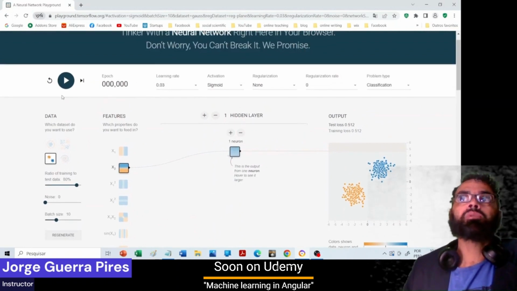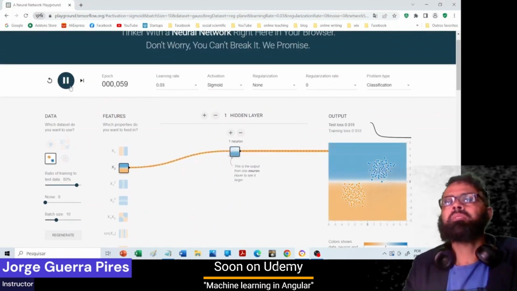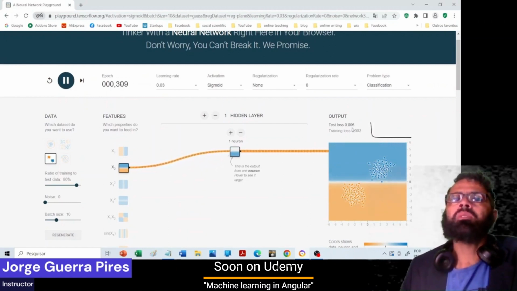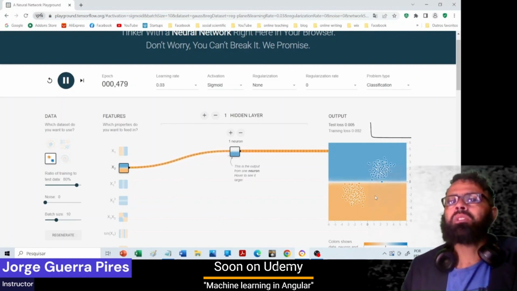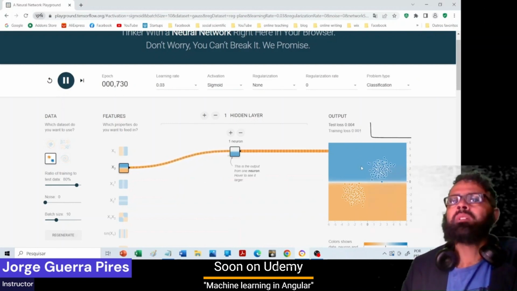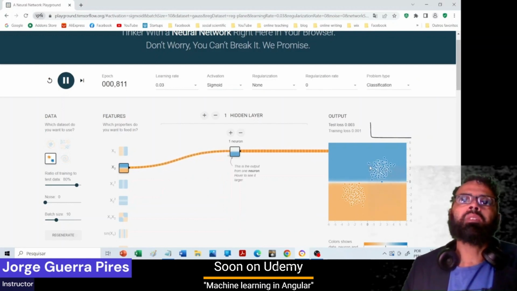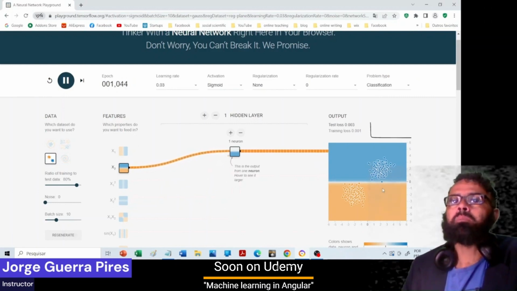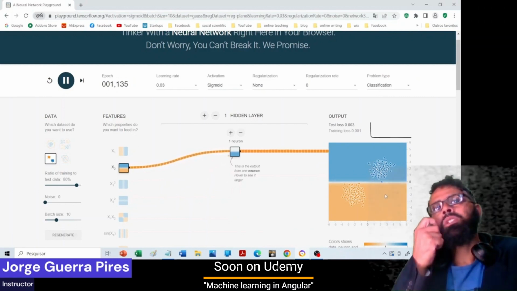So let's see how it goes. As you can see, the loss function is going to 0, and the classification, the loss is going to be, as you can see, I think it worked just fine. Yes, the loss was almost, as you can see, essentially the model was able to train. As you can see, it separated properly the boundary, separate between orange and blue.